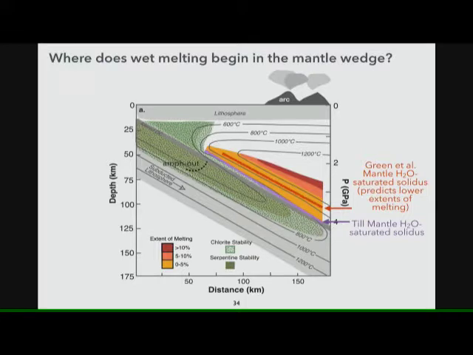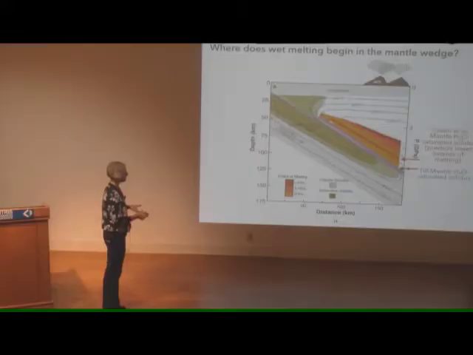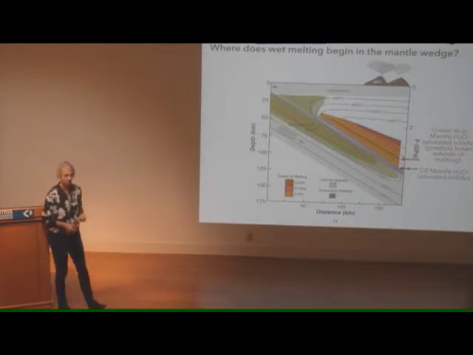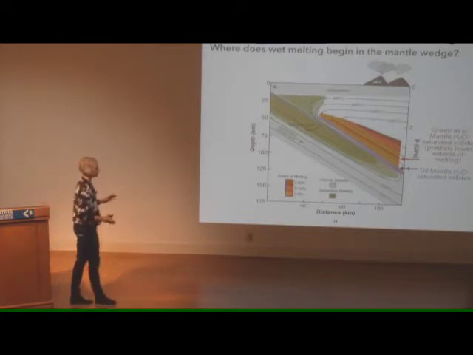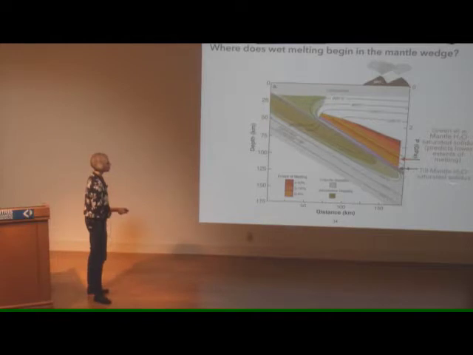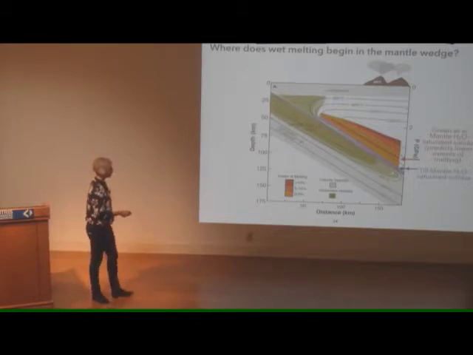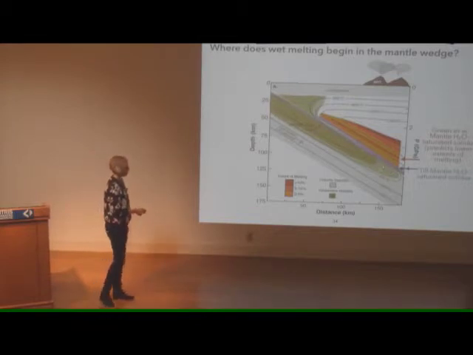So if you were to accept the Till and Grove and Mysen and Boettcher water-saturated solidus, the big implication is when you put it on a subduction zone, we have this range here of the altered oceanic lithosphere that's dehydrating, and the water contents that we've shown are consistent with triggering melting here in experiments at 800 degrees C for this range.